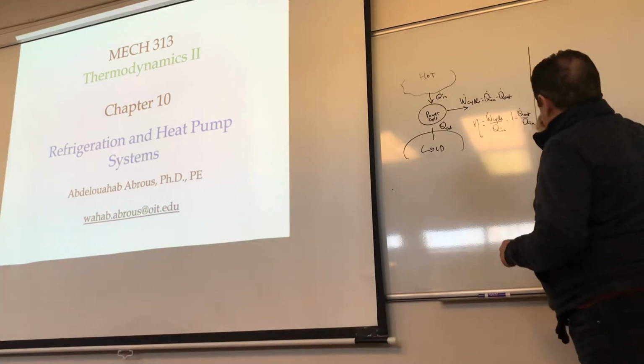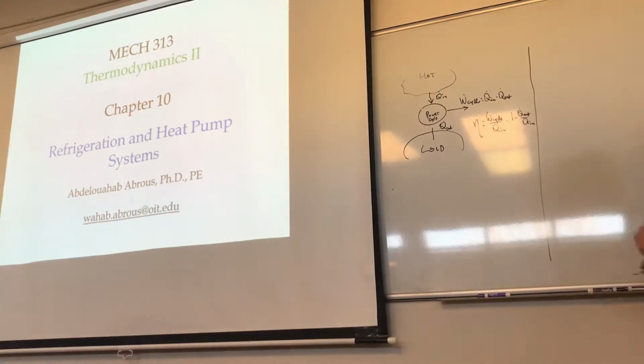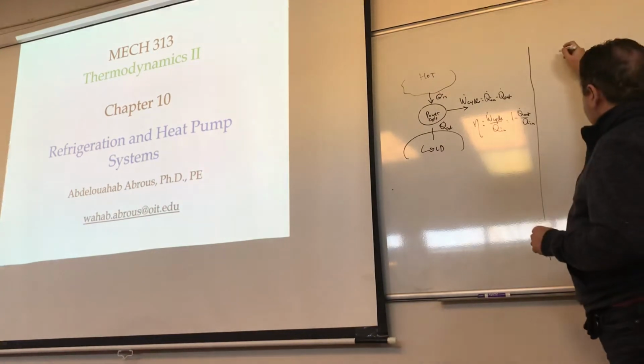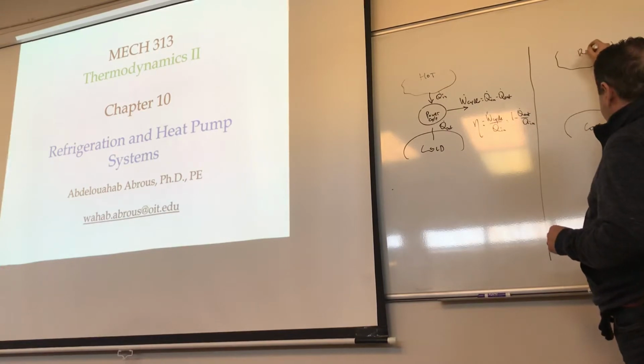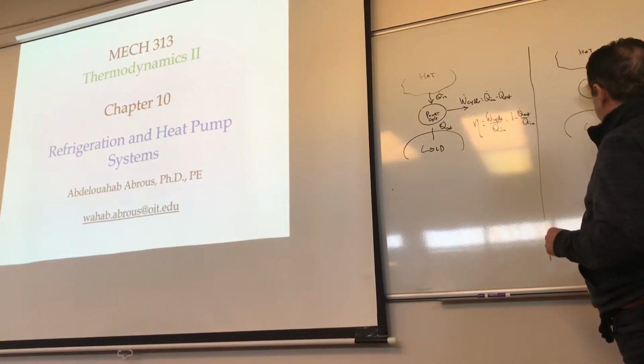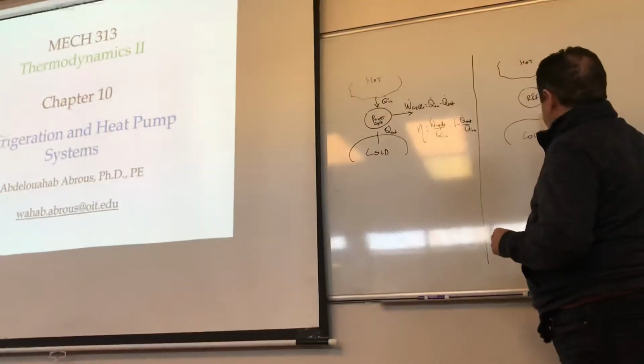Now, that's what we spent most of our time on for chapters 8 and 9. Now we've got a refrigeration cycle, which I kind of mentioned before. It still operates between 2 reservoirs. You've got a cold and a hot reservoir, and this is your refrigeration cycle.